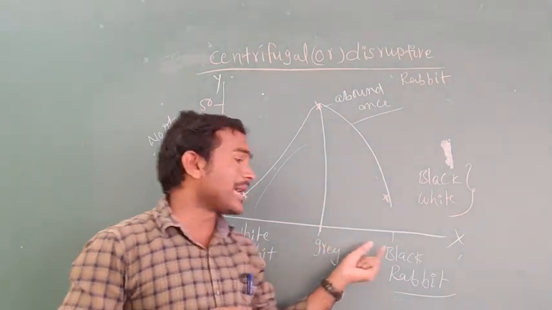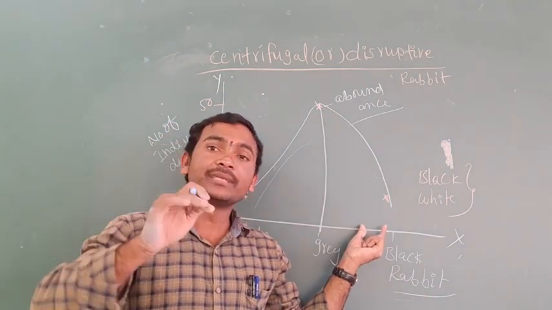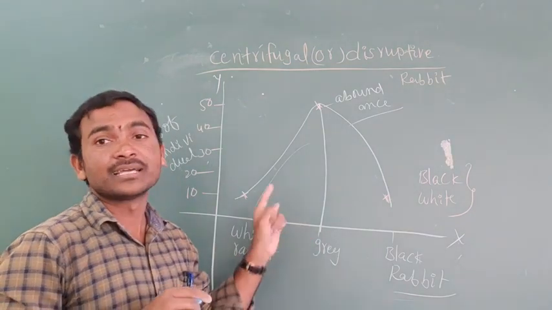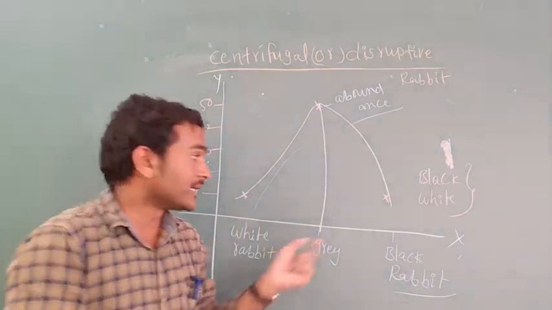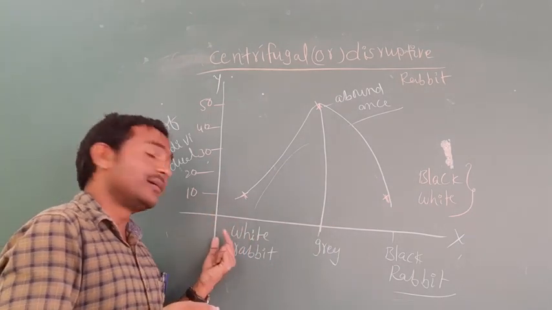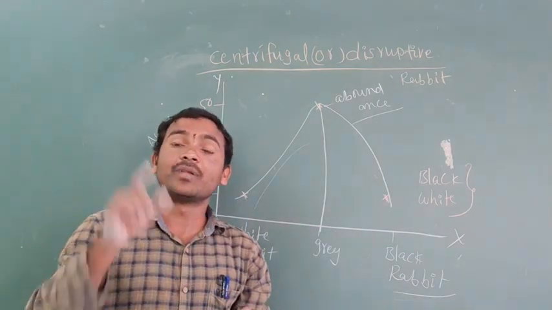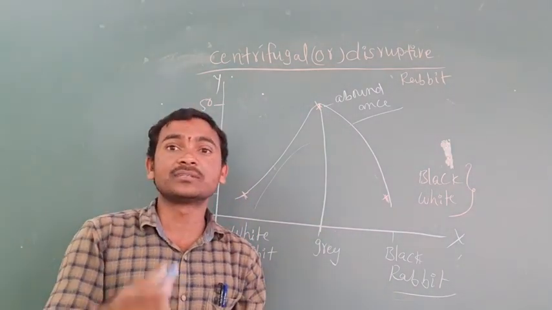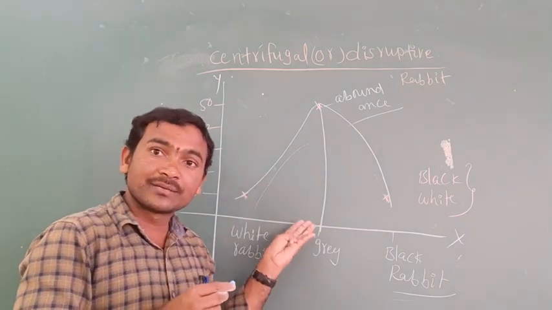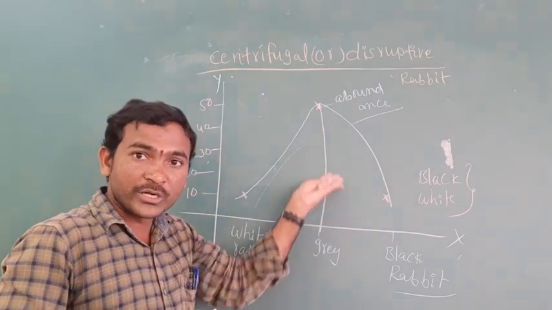The black rabbit hides beneath the black stone. But the grey rabbit, whether it hides in the black stone or under the white stone, can easily be detected by the predators, the eagles. Due to detection by the eagles, the grey rabbit number is going to reduce.